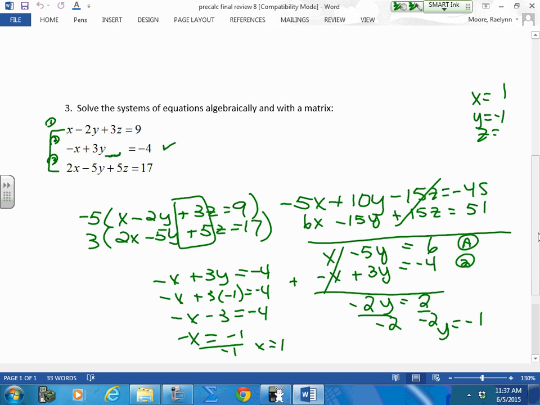And back solve again. Go to one of the original ones. Which one would you like to use, 1 or 3? 3? Okay, we'll use 3. You pick the one with the big numbers. So 2 times 1 minus 5, be careful, that's a negative 1. Oops.